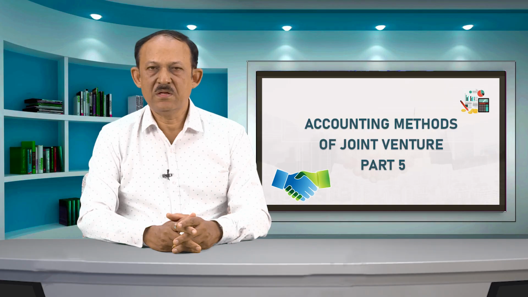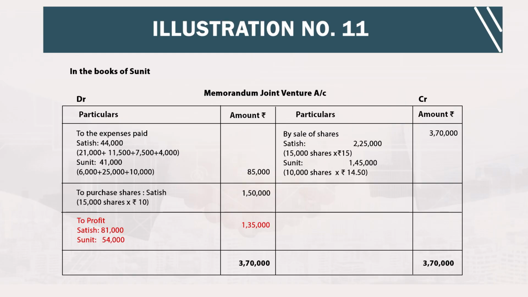In the book of Sunit, memorandum joint venture account. Come to debit side, to expenses paid by Satish: registration fee 21,000, advertisement expenses 11,500, printing and distributing charges 7,500, printing and stationery rupees 4,000, total 44,000. And expenses paid by Sunit: office rent rupees 6,000, legal charges rupees 25,000, salary rupees 10,000, total amount 41,000.